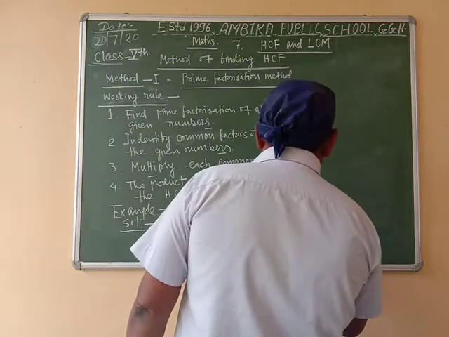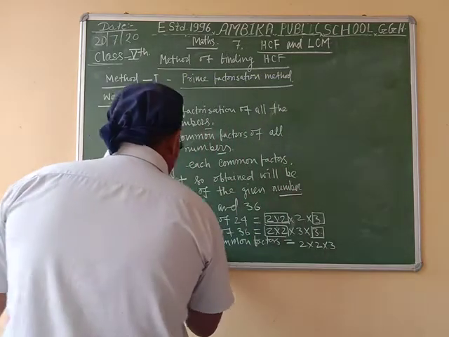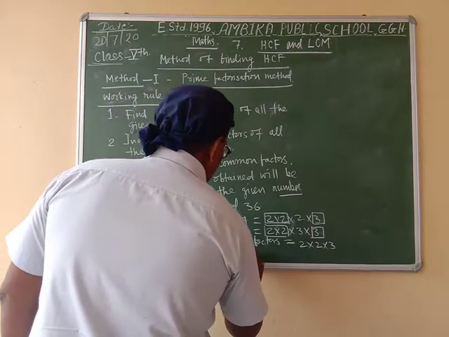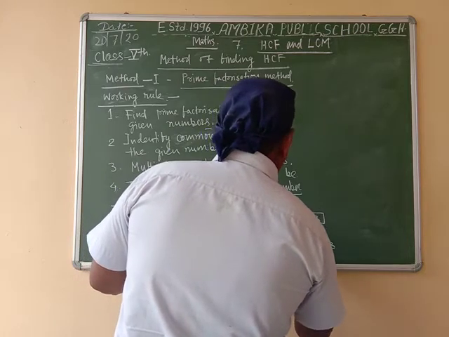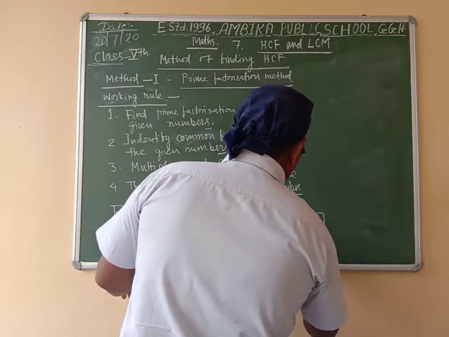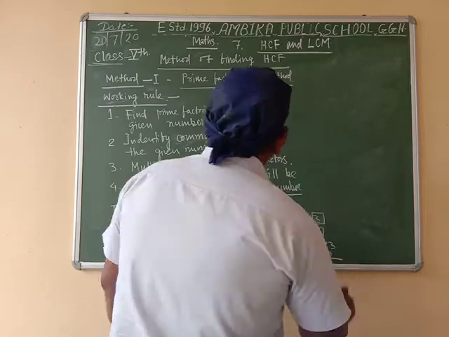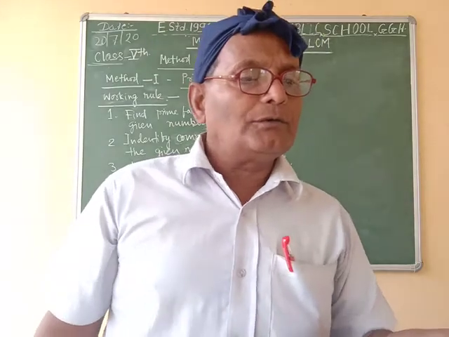Common factors बराबर 2 into 2 into 3. Hence HCF बराबर 2 into 2 into 3 बराबर 12. So the HCF of 24 and 36 is equal to 12.